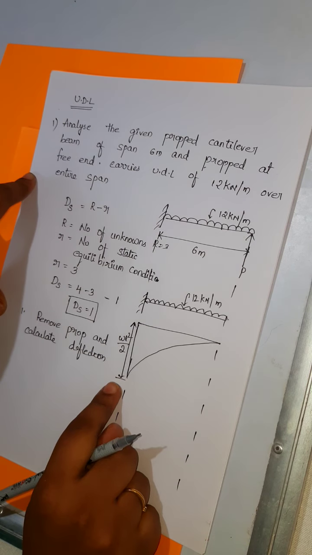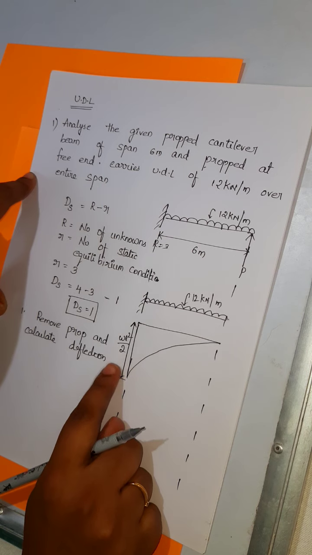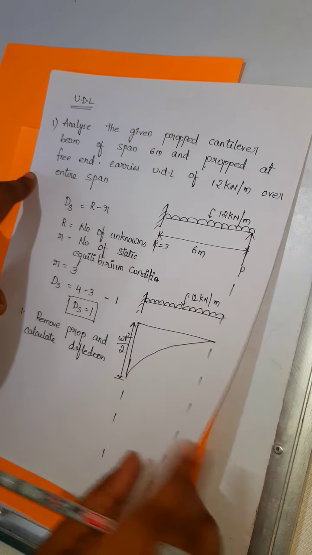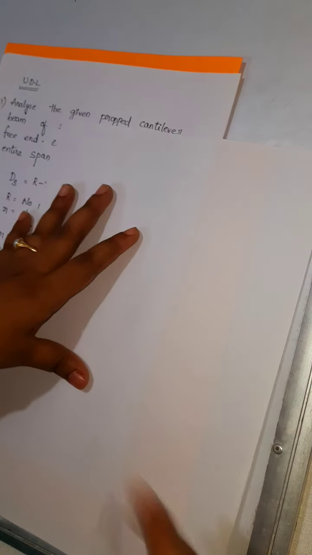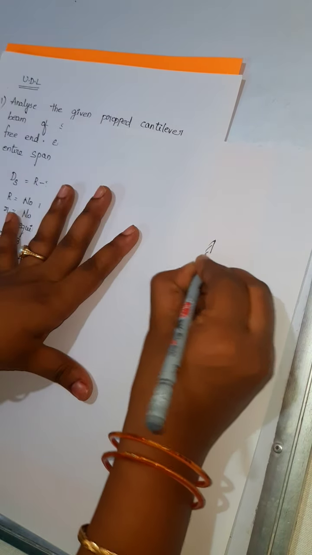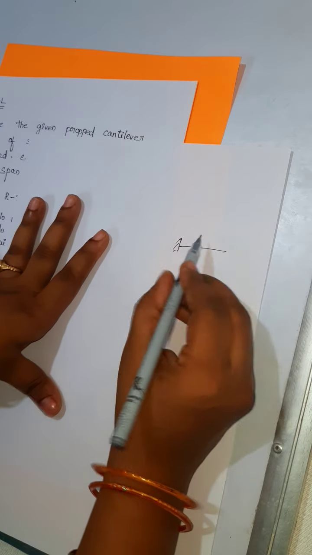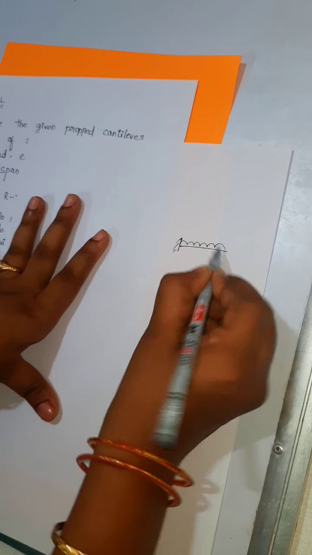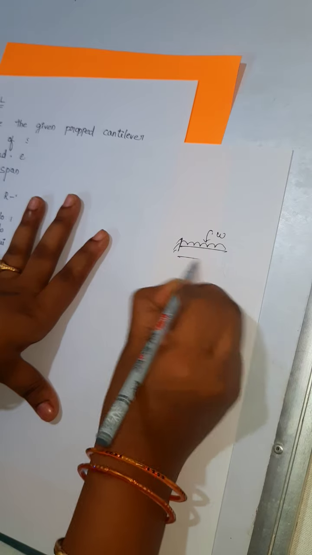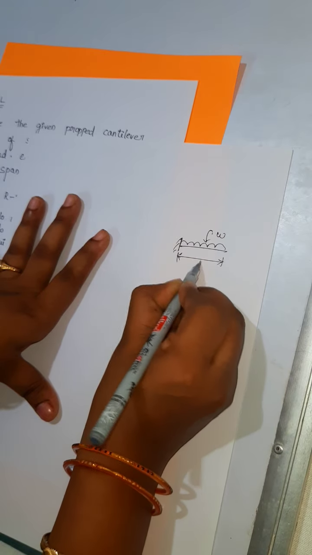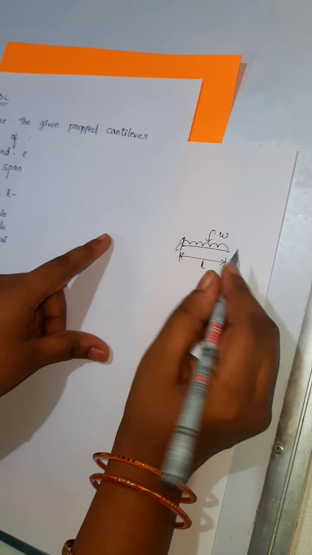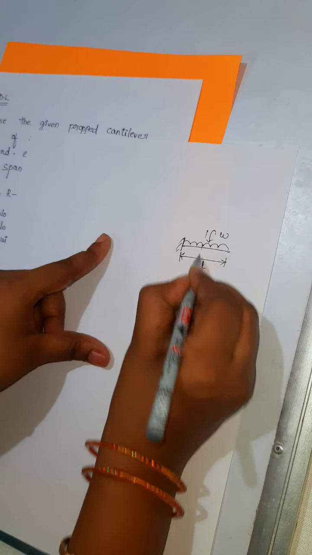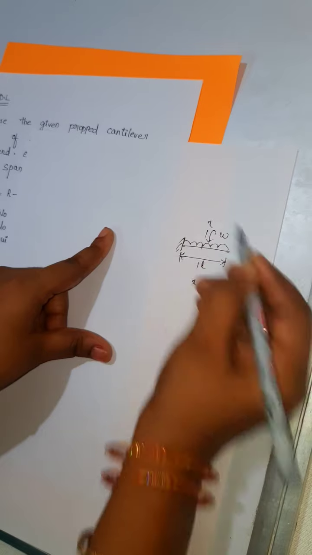I have already told you I would explain how this WL square by 2 comes. See here, I am taking a UDL. This is my W. This is my span L. So for calculating the maximum bending moment, I am taking a section XX.